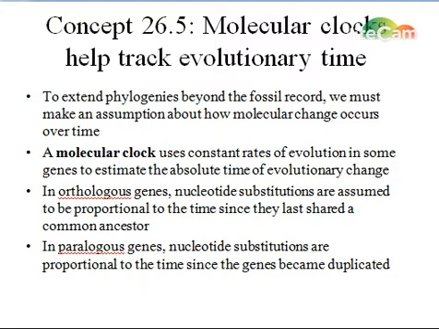The orthologous genes, the first type, are the ones where there's only the complete set. There's not a duplicate set of the genes present. In the paralogous genes, you have duplications that have occurred over time.